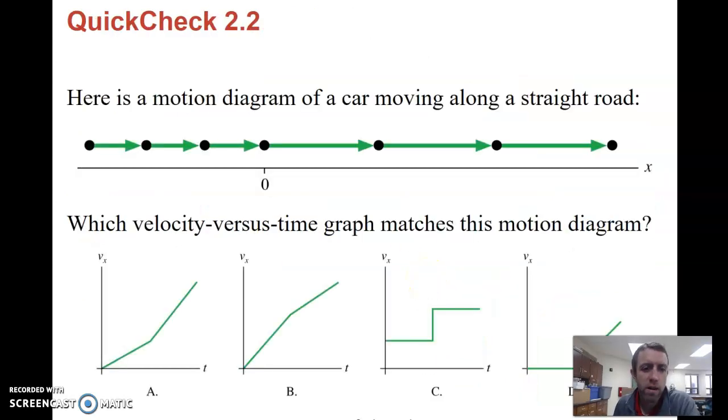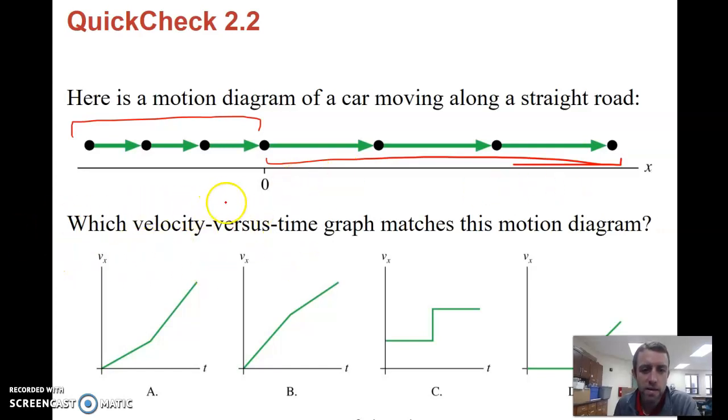All right, here's a motion diagram. We have two sections of constant motion. So we have this first section here of these three vectors. If it's a certain time interval, they're moving the same speed over each of the three time intervals. And then for this next section, it is moving faster over the whole thing.